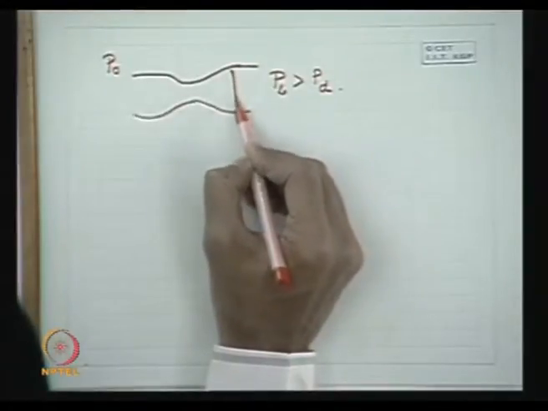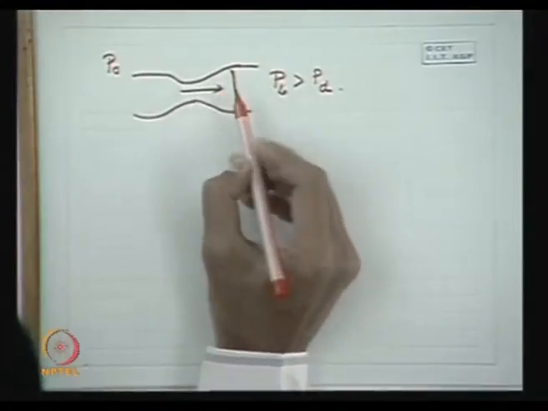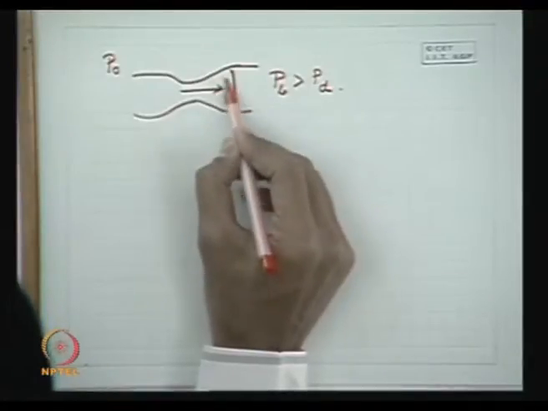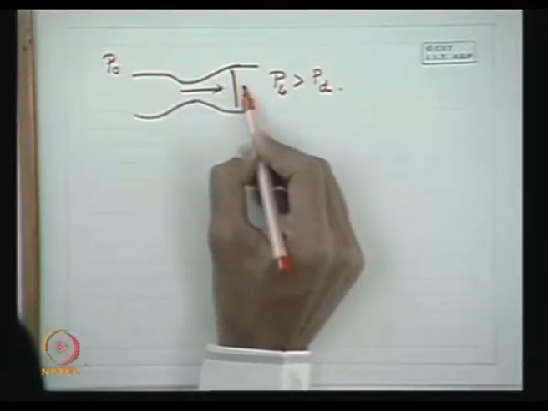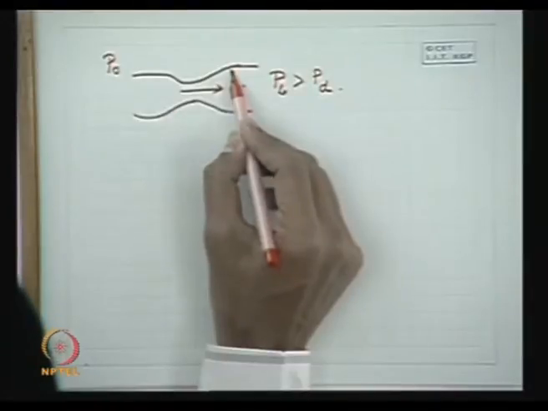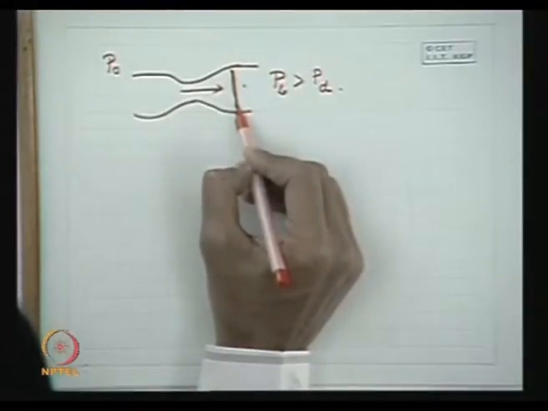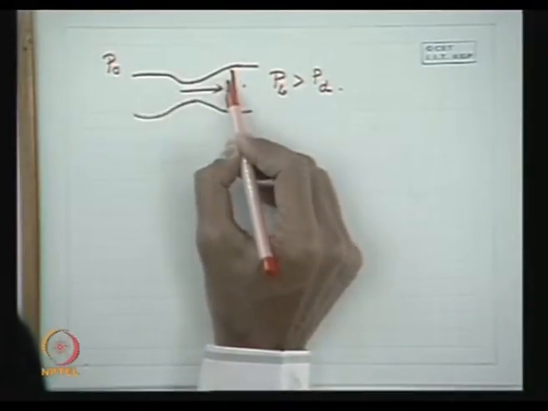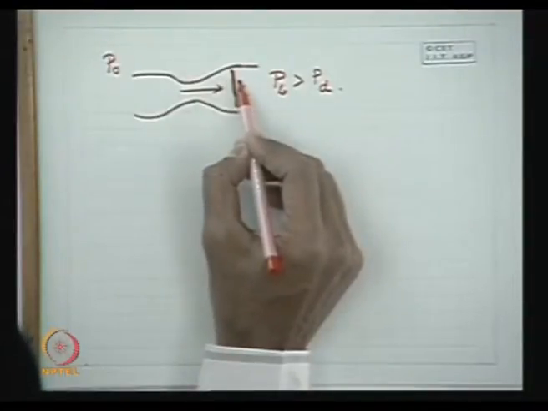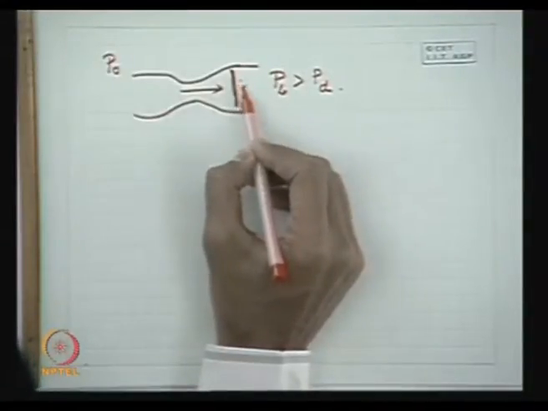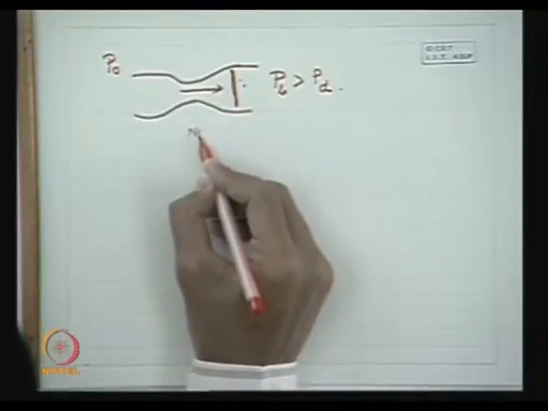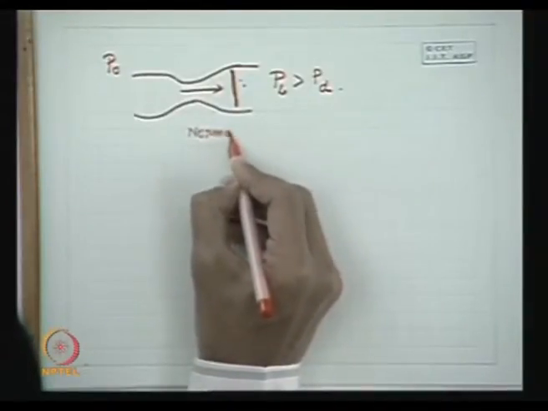So, this shock front is normal to the direction of the flow. Upstream of the shock the flow is supersonic, downstream it becomes subsonic, and the thickness of this shock is extremely small, and there is a sharp discontinuity in the pressure. Pressure increases sharply and the velocity decreases. This is an example of normal shock.